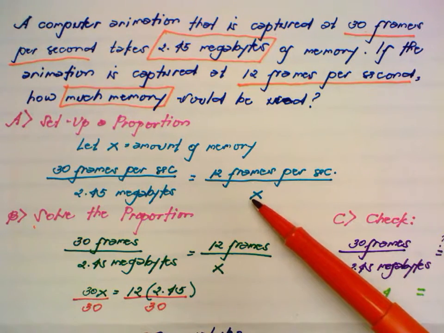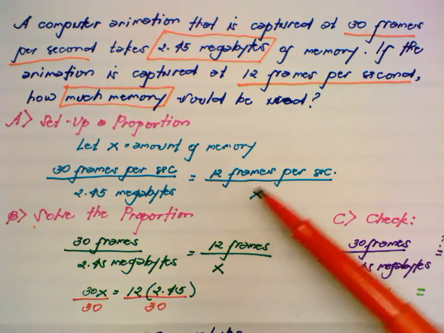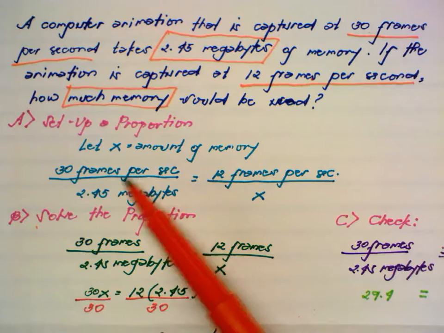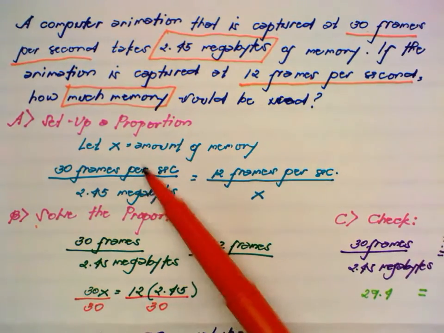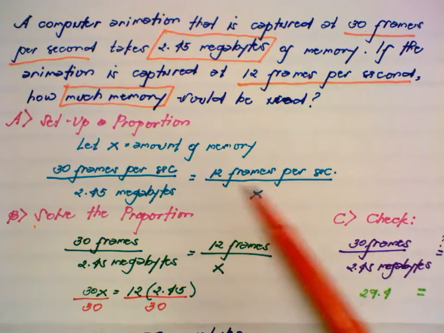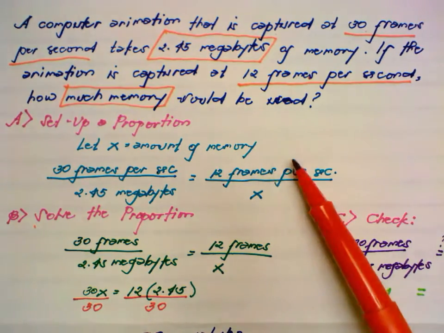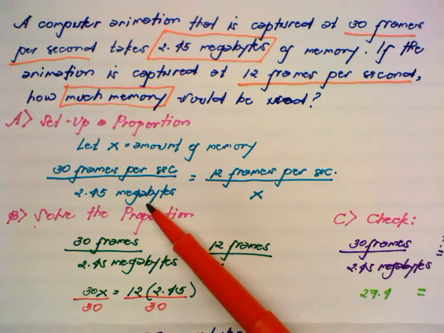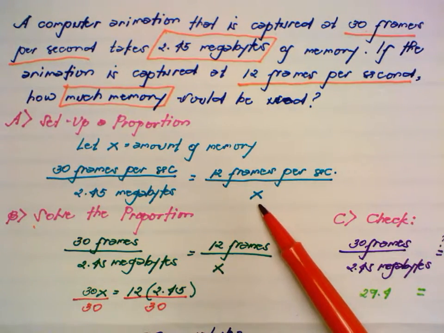When you are setting up a proportion, you have to be very careful with your units. I put frames per second on top, so on the second ratio I have to keep frames per second on top. I put megabytes on the bottom, so I have to put megabytes at the bottom as well.